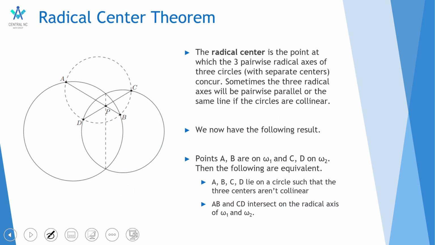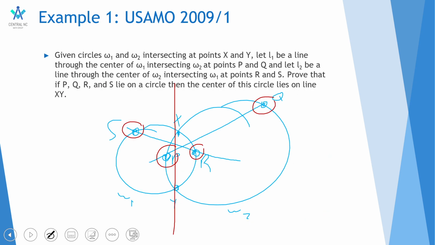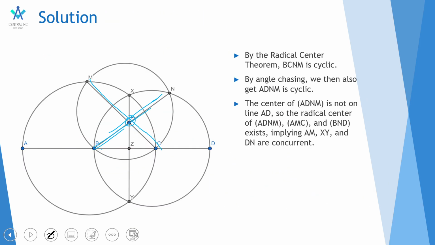Well, by our earlier theorem down here, this implies that this is true, which means that this must also be true. So going back, we know that B, C, M, and N is cyclic. And although this isn't the cyclic quadrilateral that we want, this will help because by angle chasing, we then get A, D, N, and M is cyclic.